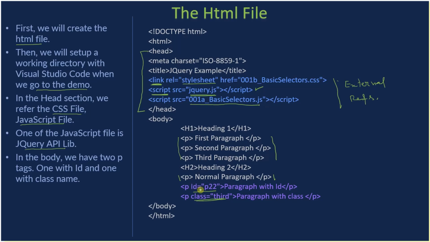ID is unique, but the class you can apply to any element. Okay. So that's all. We have two p tags, one with an ID and one with a class name, and we will be accessing these elements using jQuery later.